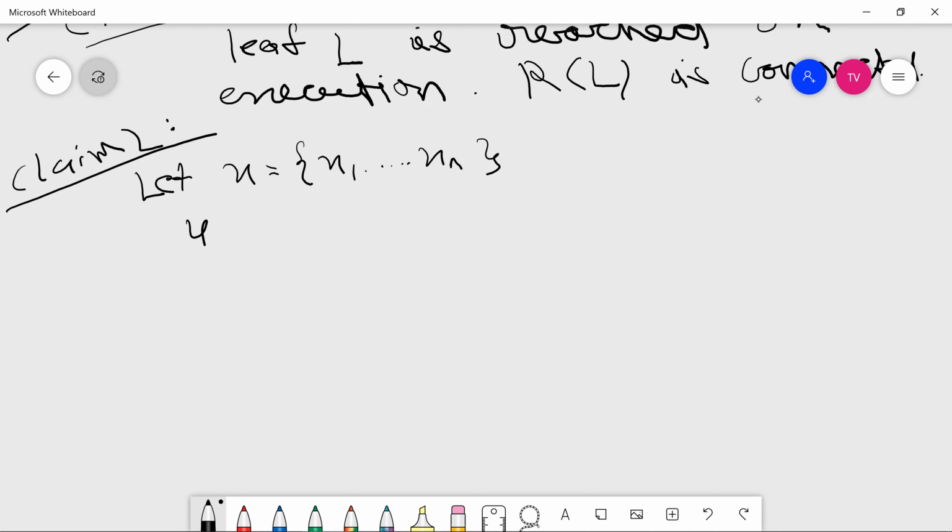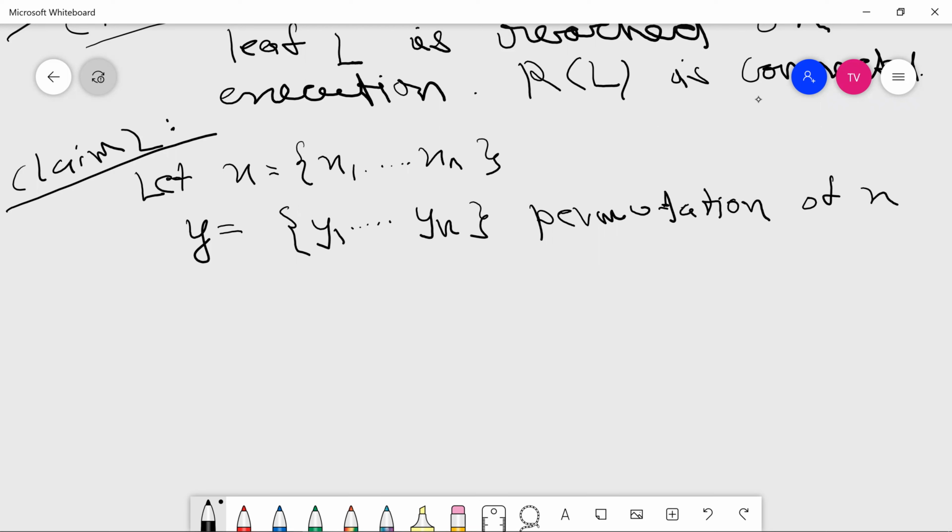So Y equals Y1 to Yn, which is nothing but a permutation of X. If X is distinct, that means the permutation Y should also be distinct.